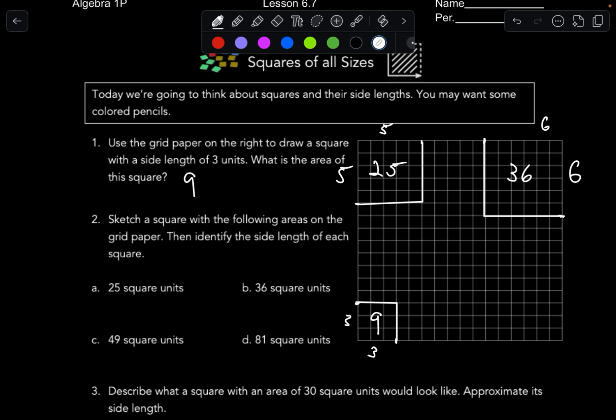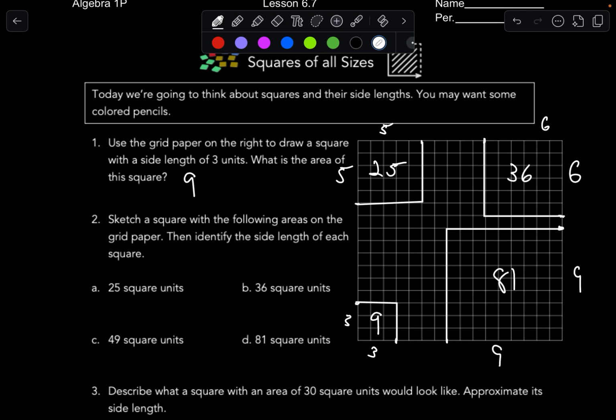And then they ask you for 81. So that's going to be 1, 2, 3, 4, 5, 6, 7, 8, 9, a square of this size. That's going to be 9 by 9, which is 81 square units.